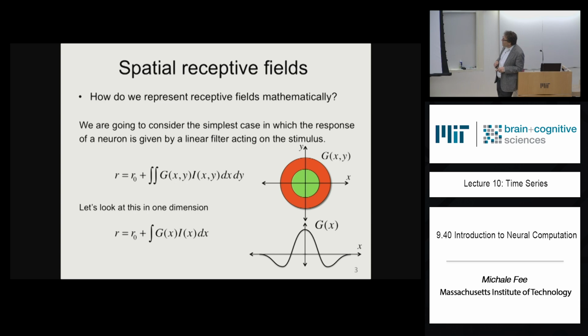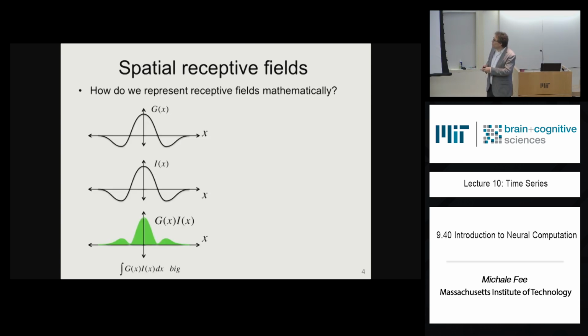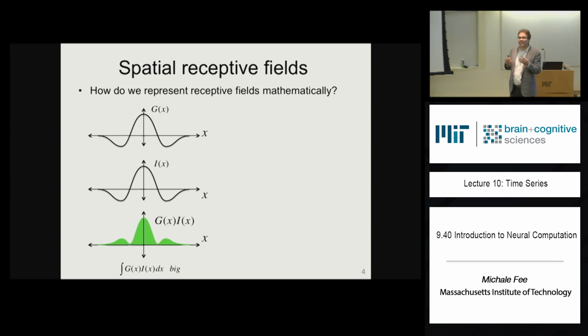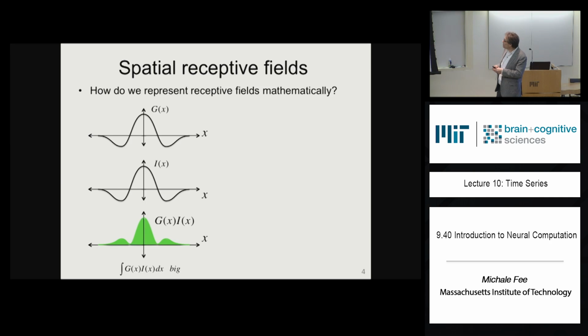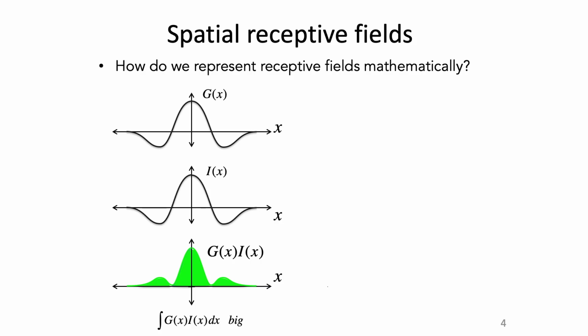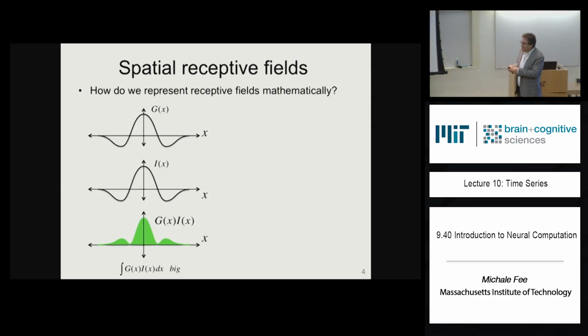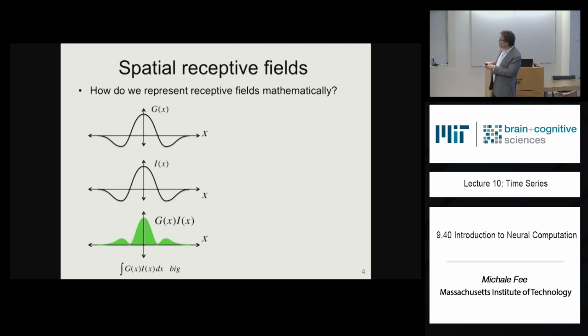The way we think about this is that the neuron is maximally responsive if the pattern of sensory input looks like the receptive field, is highly correlated with the receptive field. So if the receptive field has a positive central region surrounded by negative flanks, then that neuron is maximally responsive if the pattern of light looks like the receptive field.